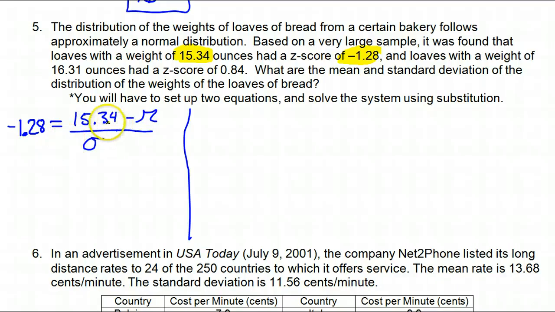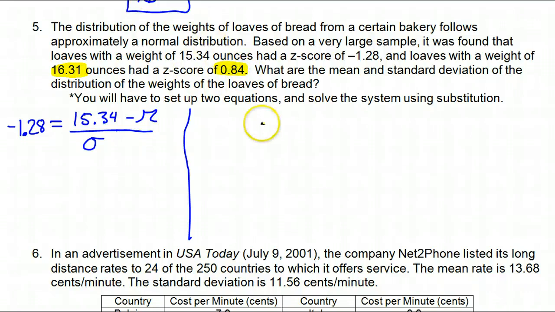All right, so this is all we got right here. We can't solve this. But then, thank goodness, they gave us another pair of values. The other pair of values is when the weight was 16.31 ounces, the z-score was 0.84.